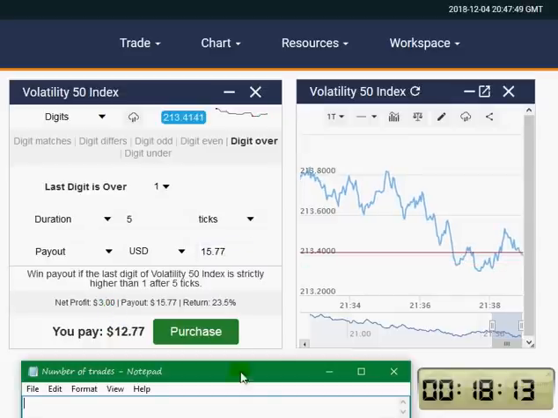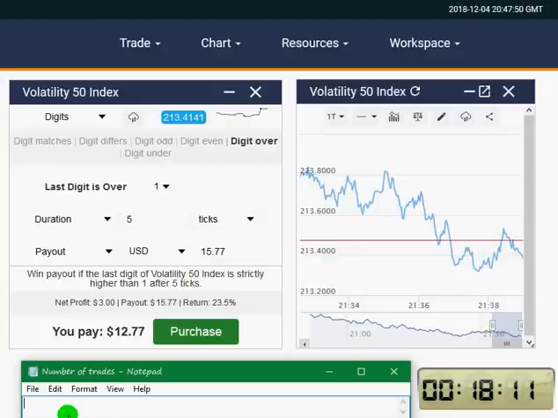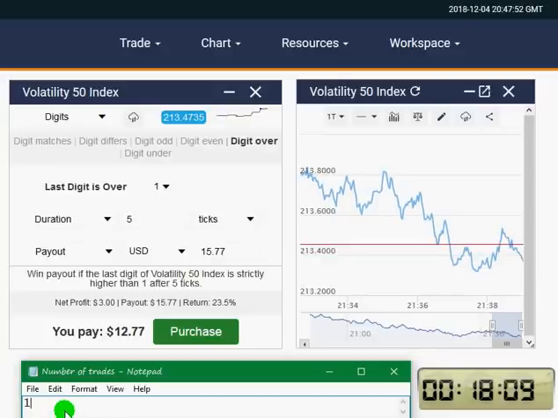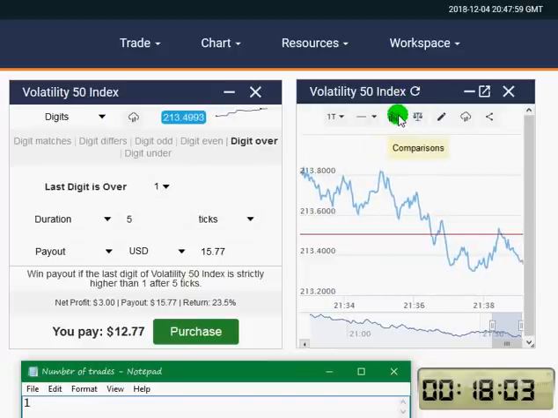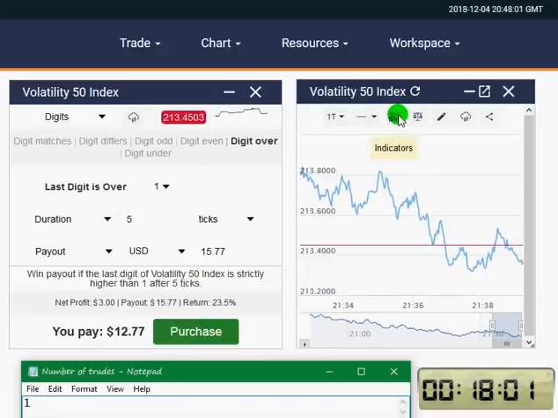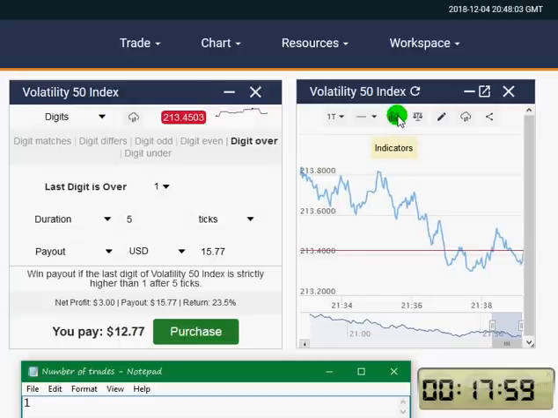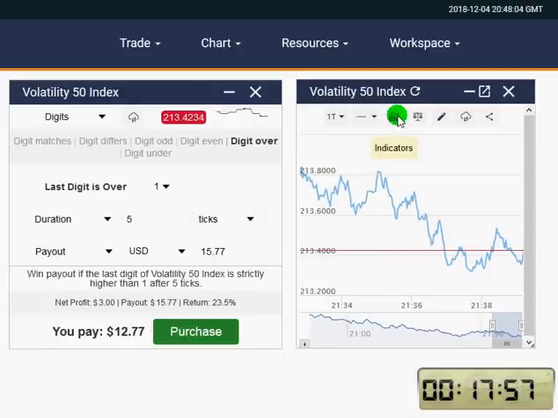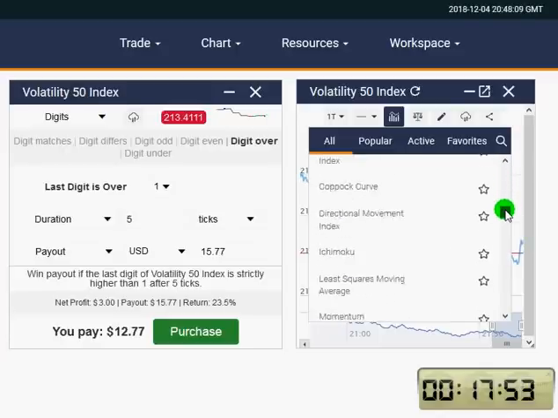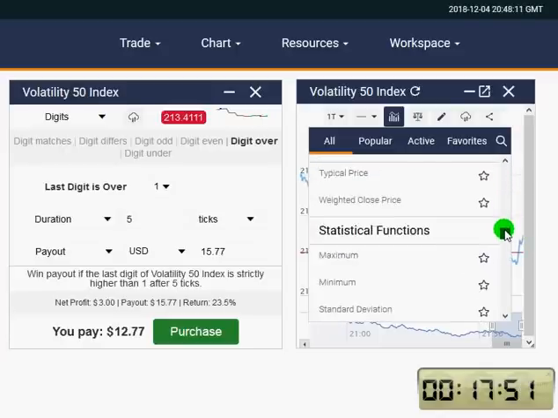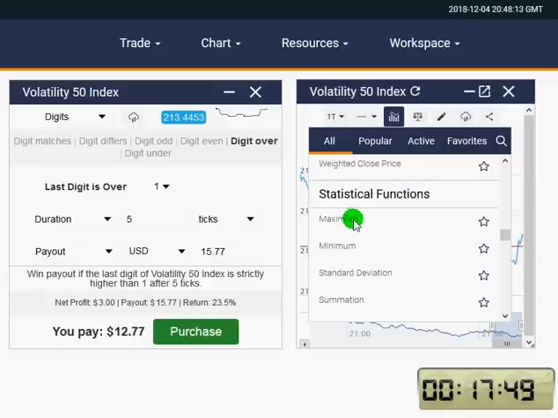So let me open the number of trades. So this first trade. So let's go back to the indicator. We're going to use two indicators in this section. So you go to the statistics function, we're going to be using the minimum and the maximum indicator.